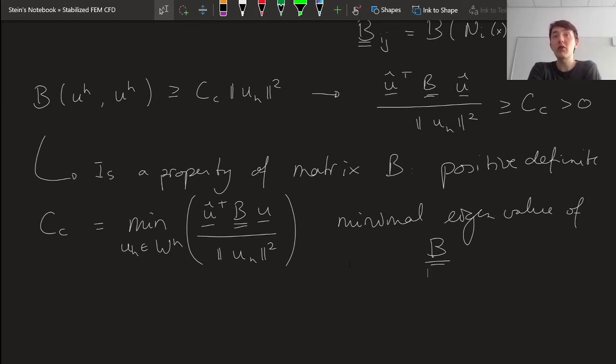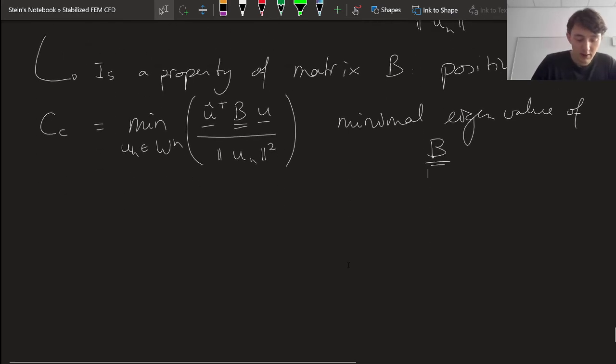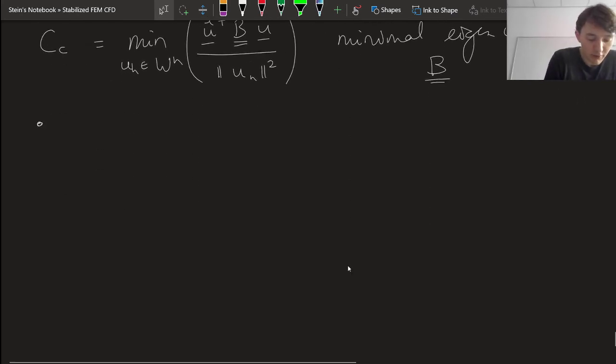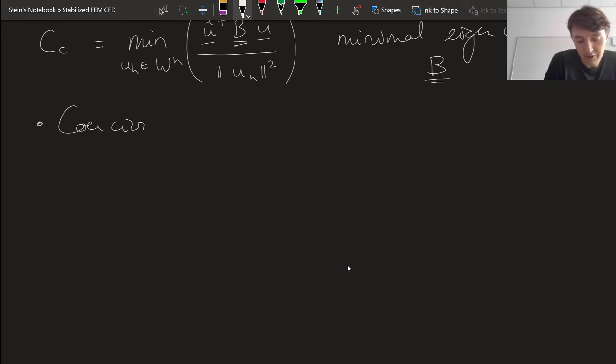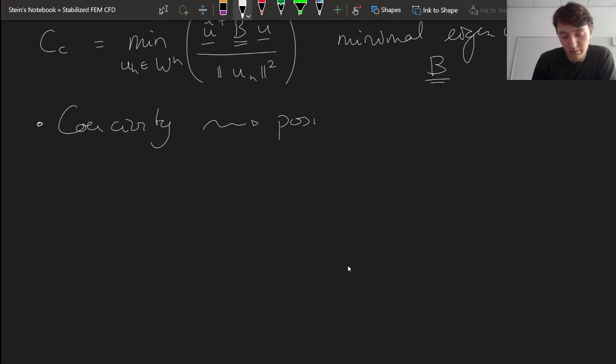And so in this discrete setting, coercivity, positive definiteness, means that we can indeed obtain a solution. And if we have an inverse of the matrix, then we know that a solution exists. So that's an important conclusion here. Coercivity, that funny property that we defined before, has a strong relation with the positive definiteness of a matrix.